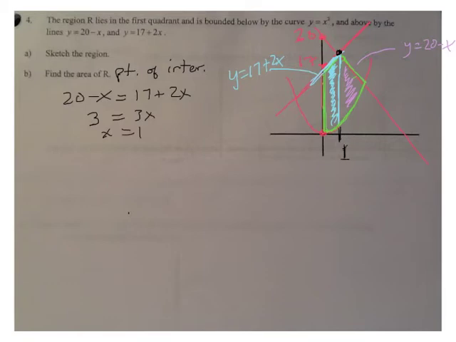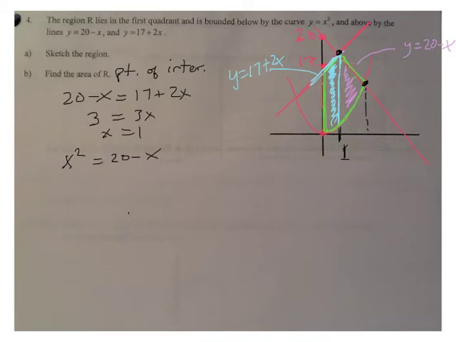I'm also going to need to see what the value is here, so that I know where to stop the limit, the boundary on the second purple region. And that's the intersection of x squared and the line 20 minus x.